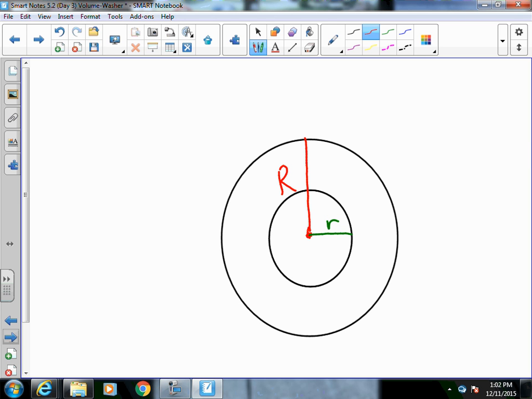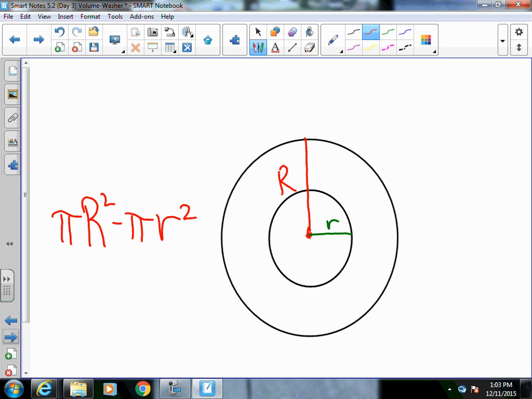So, how would you find the area of a washer? Well, you take the area of the outside circle, which would be pi R squared, and you subtract the area of the inside circle. And that represents the area, and then we would multiply by dx or dy, depending on whether the thickness of our washer is an x value or a y value.